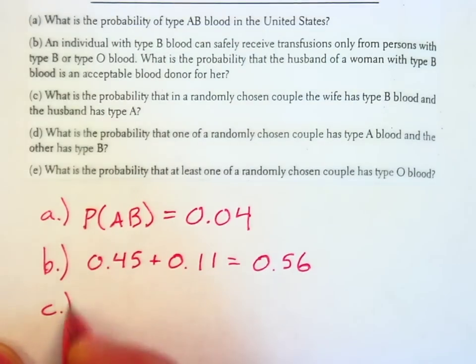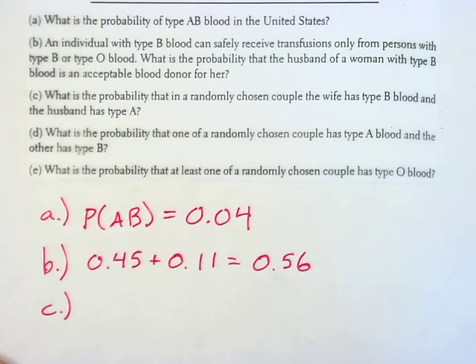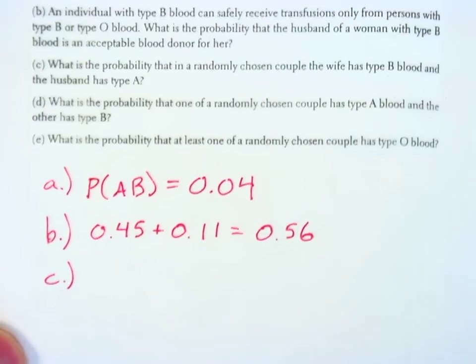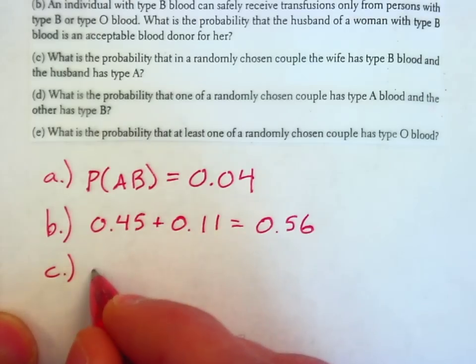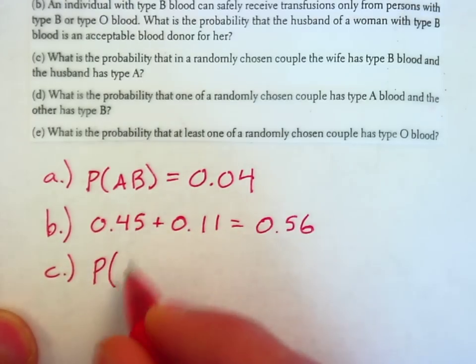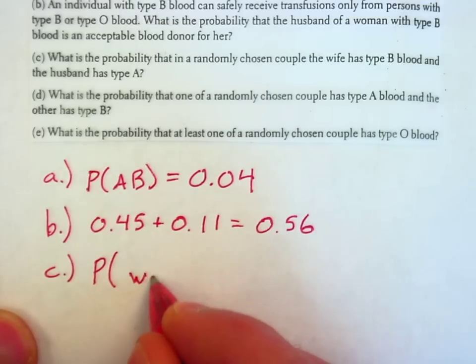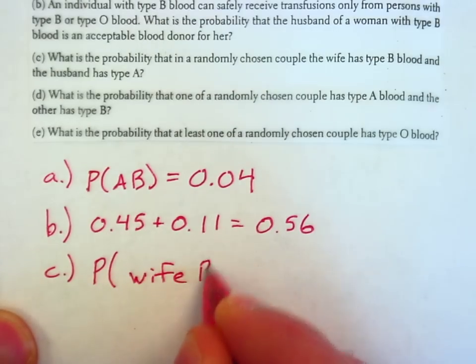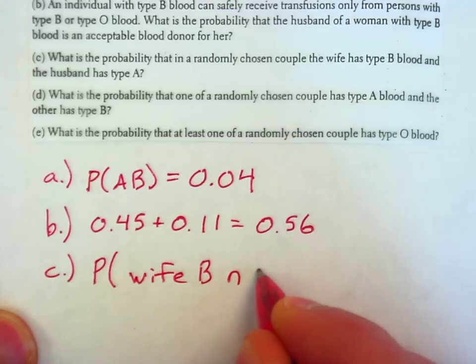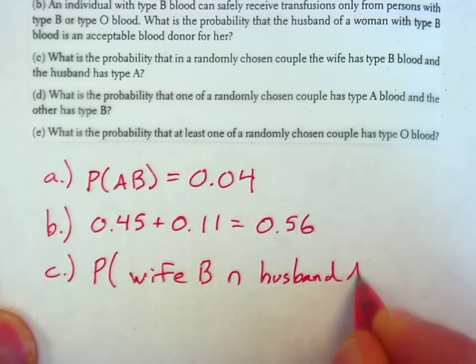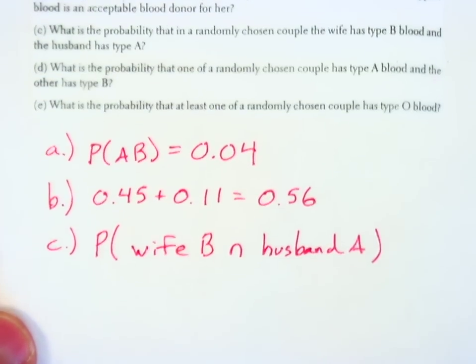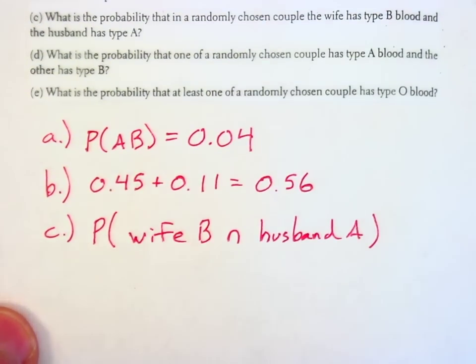So for part C, what is the probability that in a randomly chosen couple, the wife is type B, the husband is type A? Now, we do have to make an assumption here. We are looking at this probability. Wife is B, and husband is A. The assumption we're going to have to make here, this is an and probability.